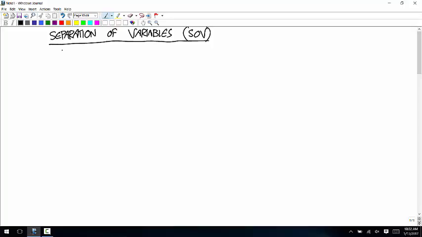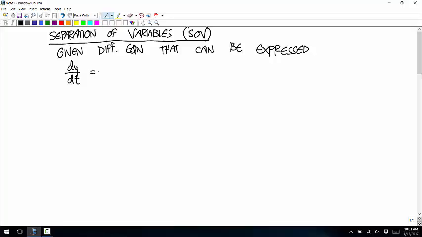And the idea of separation of variables is that you're given a differential equation that can be expressed as some derivative, I'll say dy dt, is equal to a function only of y times a different function only of t.